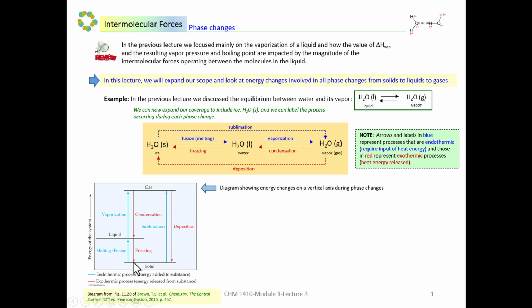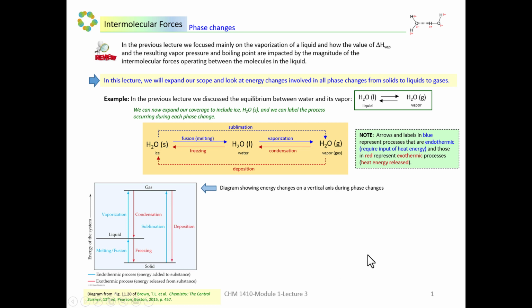And just as in our diagram going from left to right up here, we need an input of energy from solid going to liquid. We would need more input of energy going from liquid to the gas. There'd be a release of energy going from gas to liquid or from liquid to solid.